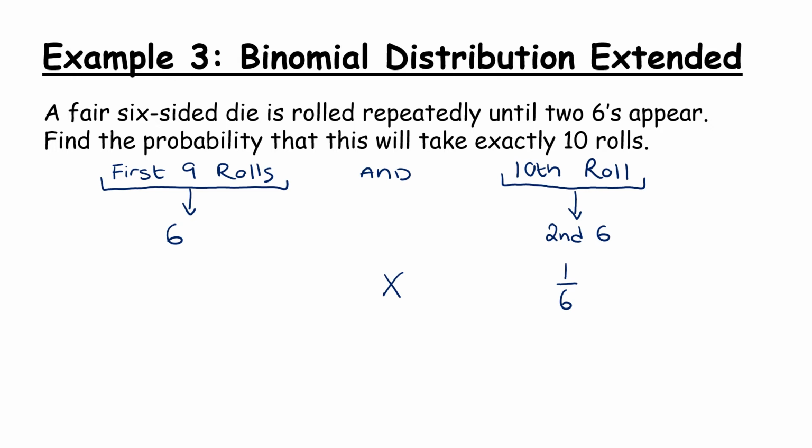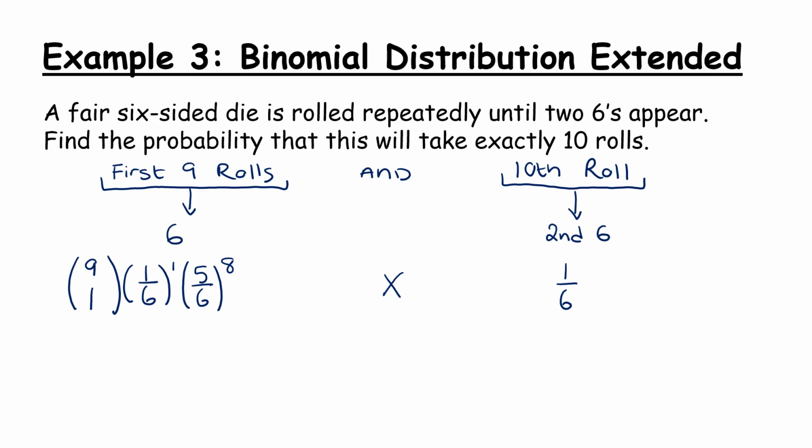So we're going to do n, which is 9, C r, so choose r, which is 1, because we get 1 6. The probability of getting a 6 is 1 in 6 to the power of 1. Probability of not getting a 6, 5 over 6 to the power of 9 minus 1, which gives us our 8.